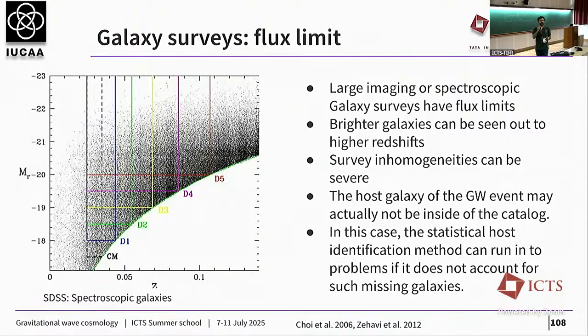So even if the host is not present in the catalog, if there is a brighter galaxy also in the same region and at the same redshift, then that can give you more information about the redshift of that event. That is not taken into account at all. So your statistical host identification method really depends upon what is also going on down here in the incomplete sector. And so this incompleteness is also something that we need to worry about.